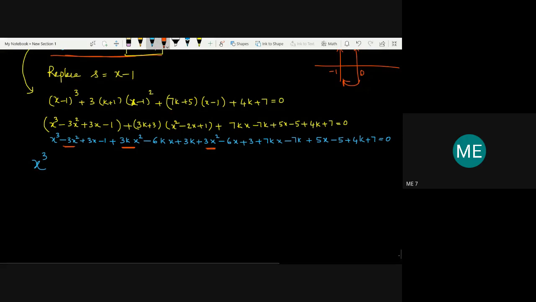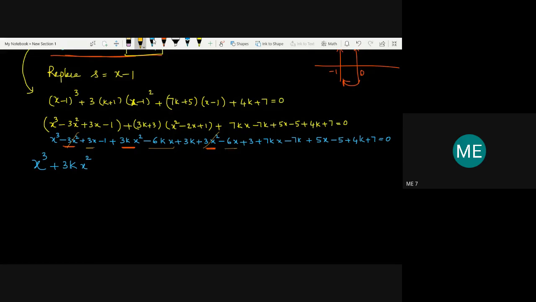So this minus 3x square and plus 3x square will be cancelled out. I'll be getting 3kx square, x cube plus 3kx square.